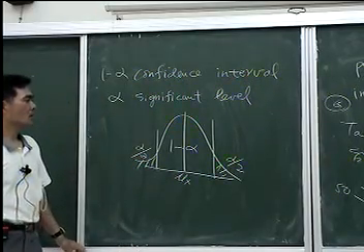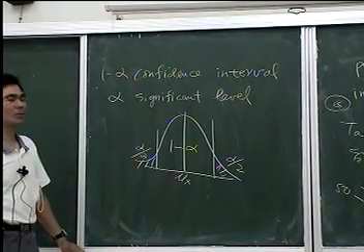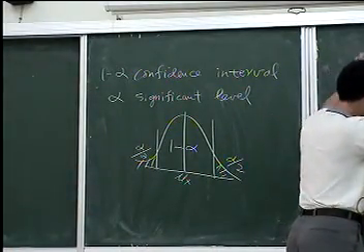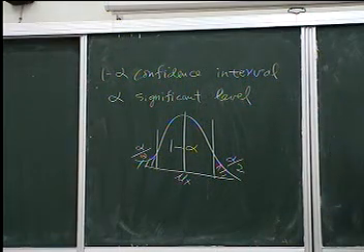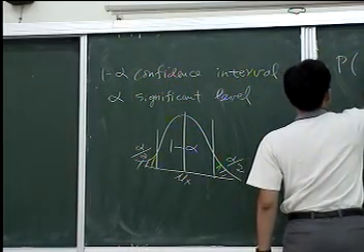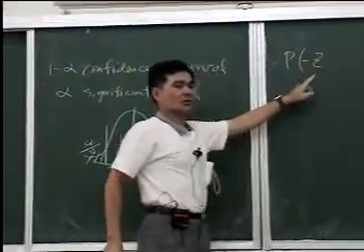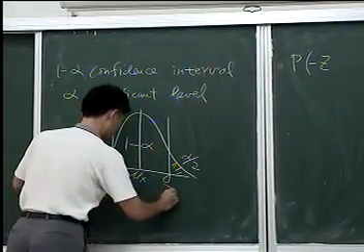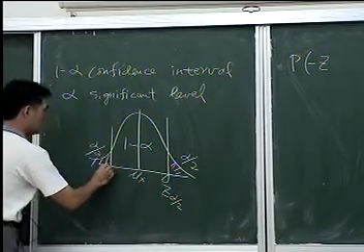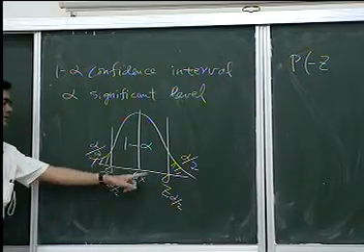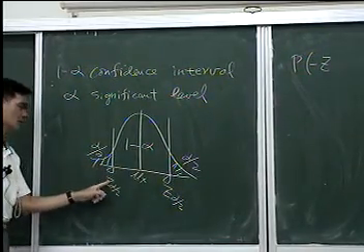Now, in terms of the formula, how do we get that? P of Z. There are two regions. This one should be Z alpha over 2, and this one should also be Z alpha over 2, but this is on the right-hand side and this is on the left-hand side.